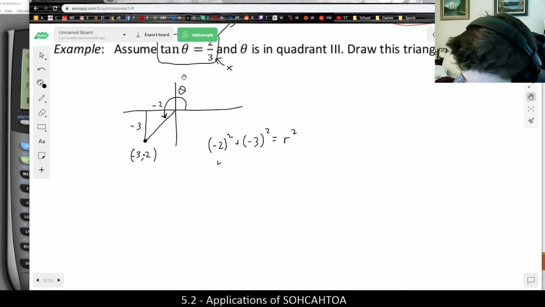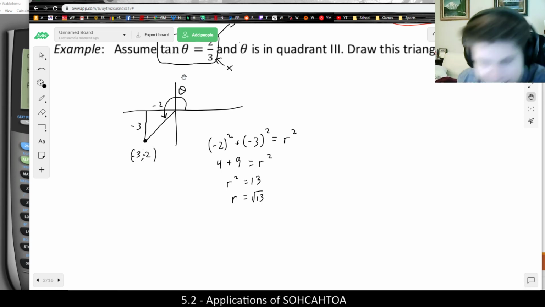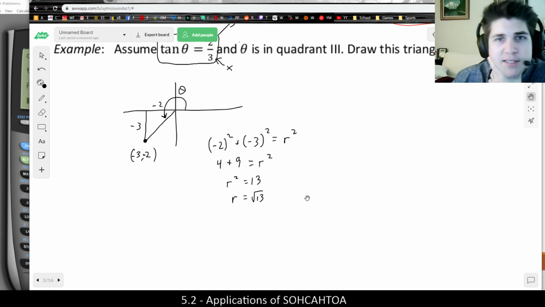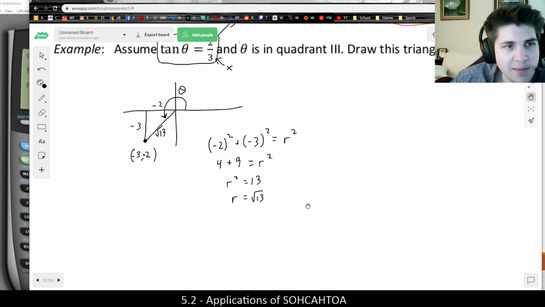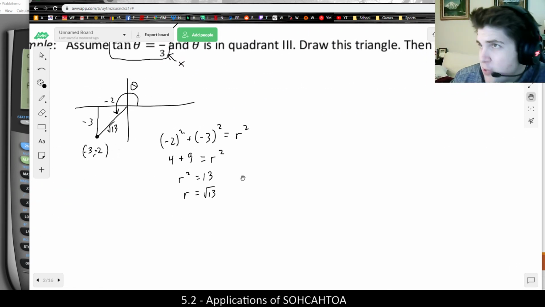But what we'll end up with is 4 plus 9 is equal to r squared, so r squared is equal to 13. So r should be equal to root 13. Again, technically plus or minus, but we can just assume the hypotenuse is positive. So what I get is the third side. I could even approximate it or just leave it as exact, because it says to find the other trigonometric ratios, and if I just leave it as root 13, it will be more exact.